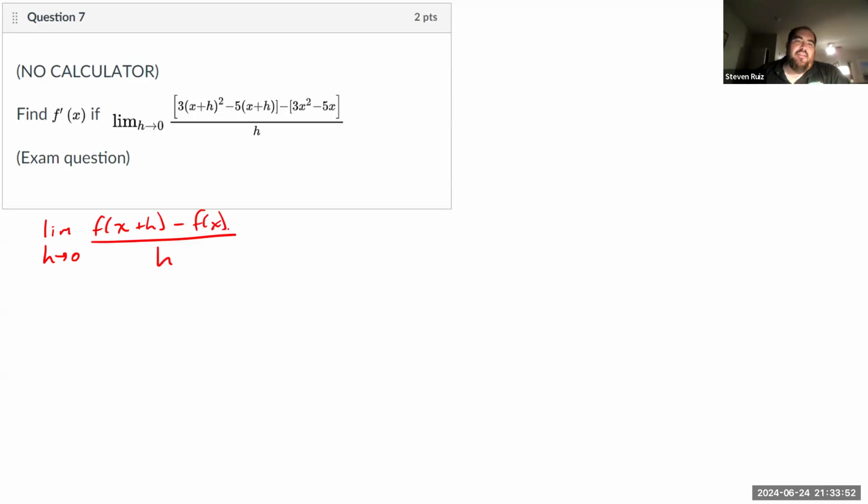If we look at the similarities between this generic thing I just wrote down and this specific thing that the test is asking you about, what we can really do here is tease out what f of x is. f of x equals 3x squared minus 5x.